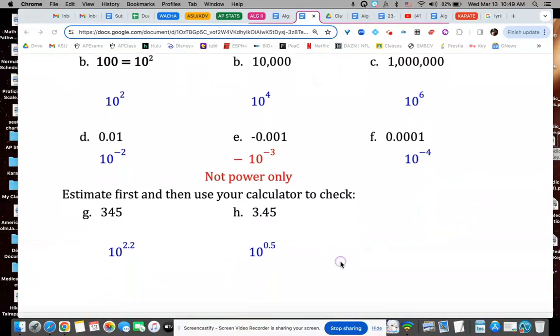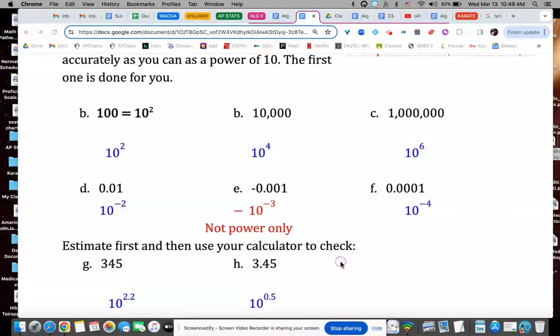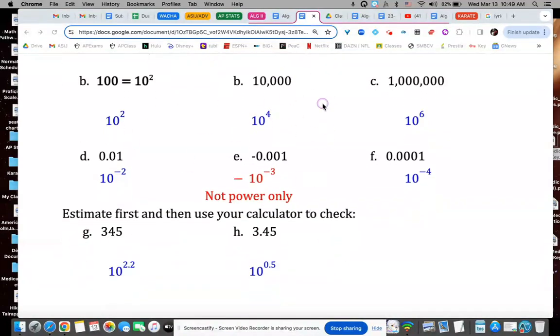Okay, estimate first and then use your calculator to check. So we did this kind of estimation up here. We could estimate from a power of 10 some of these numbers. Like 345, for example, is somewhere between 100 and 1,000. That's 10 to the third, right?